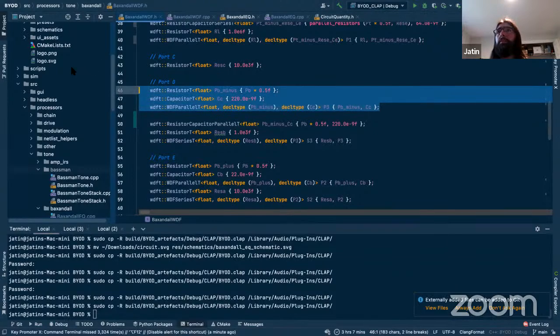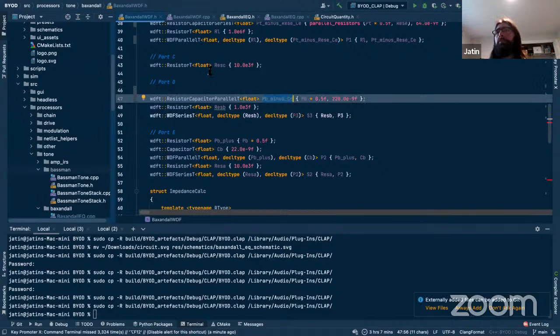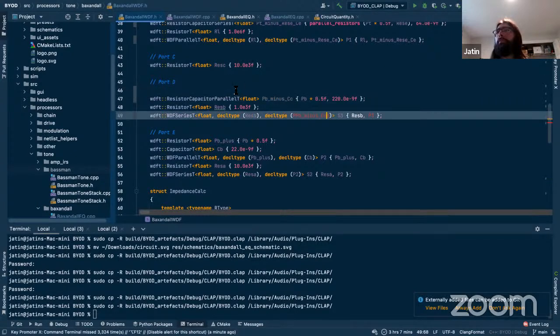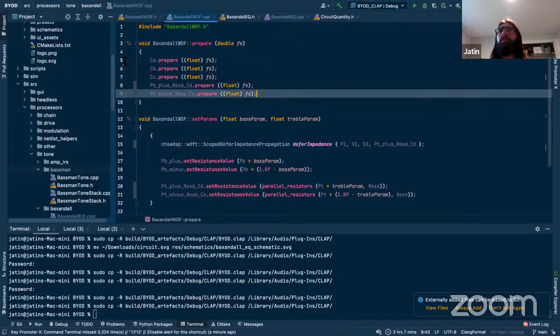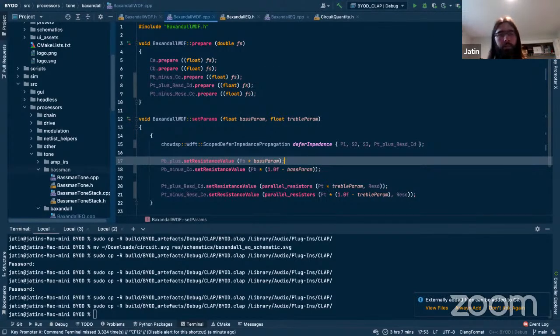And then we should be able to get rid of that. CC and PB minus. Cool.